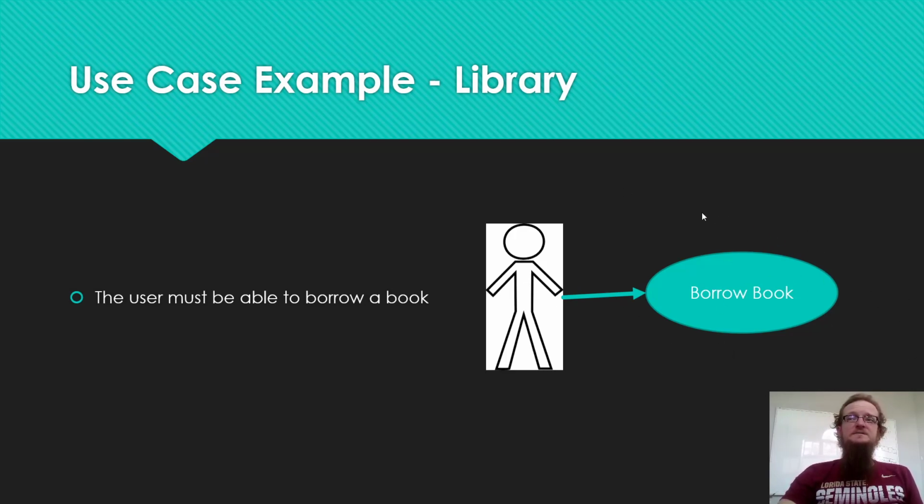This representation says, if I'm an end user, I should be able to go to the library's website and actually borrow a book. That's pretty straightforward. You would have use case diagrams for each of these use cases. I need to be able to return a book. I need to be able to do various things, sign up for reading time for my kid or whatever.